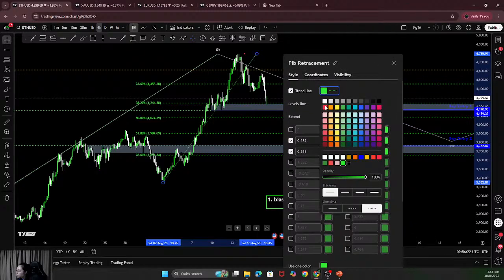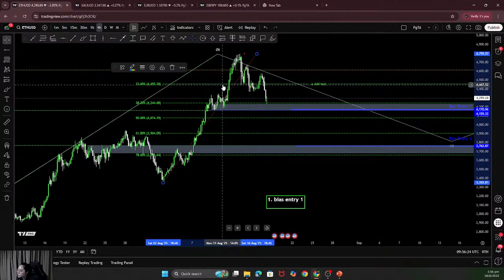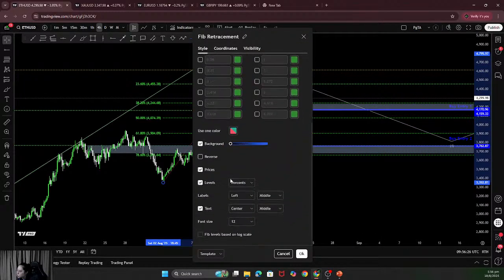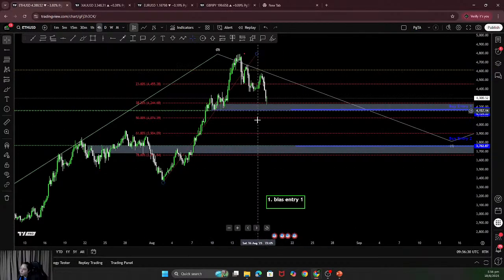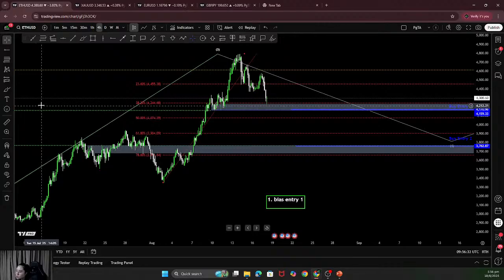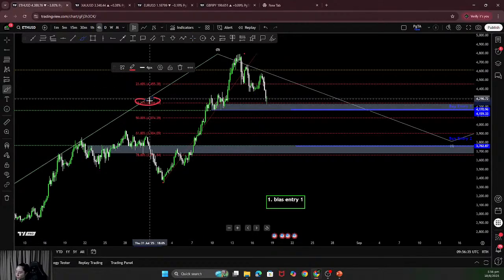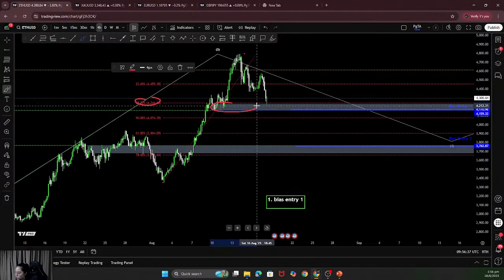I'm going to change this to red. Not this one to red, this to red. Yeah. I see the 38.2 lining up very closely to this zone that we drew.